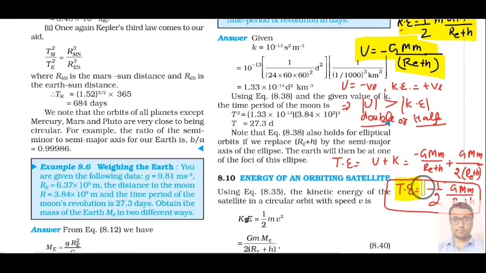Now a question may be asked: suppose the mass of the satellite, that small m value, is given, the mass of Earth is given, and Re and H both are given. In that case you can easily calculate the numerical part also.